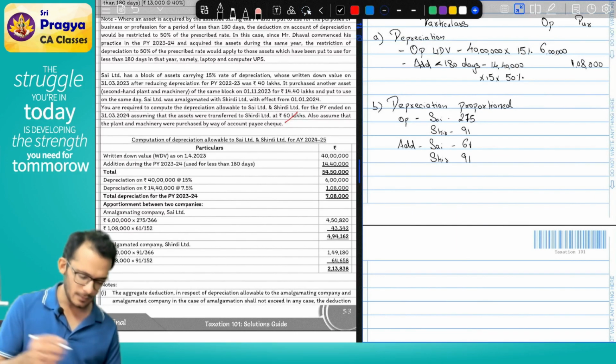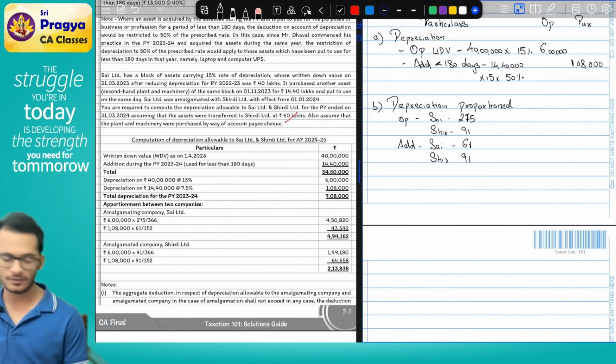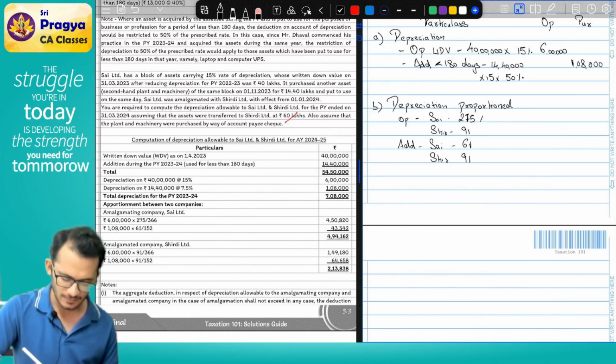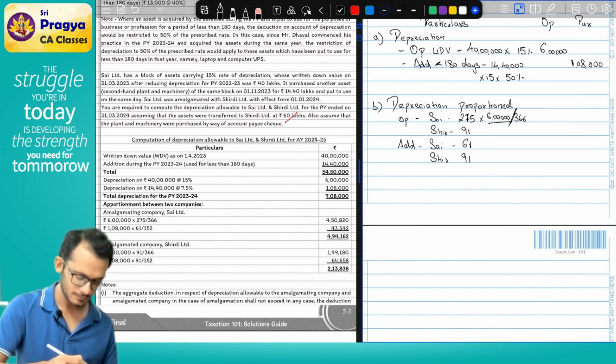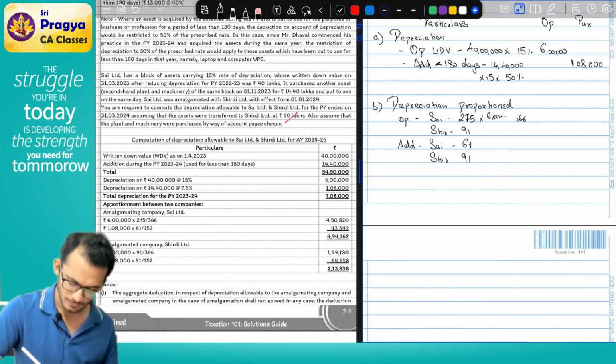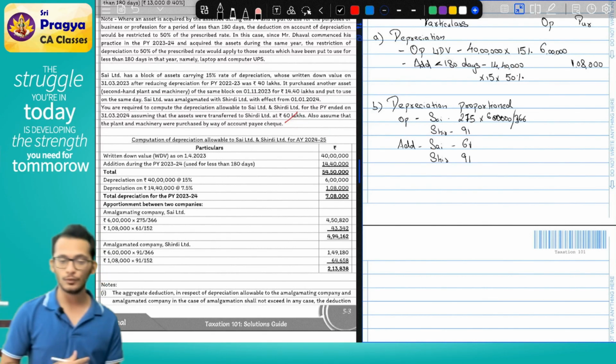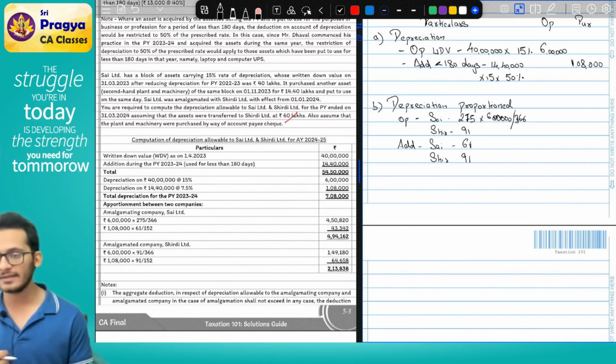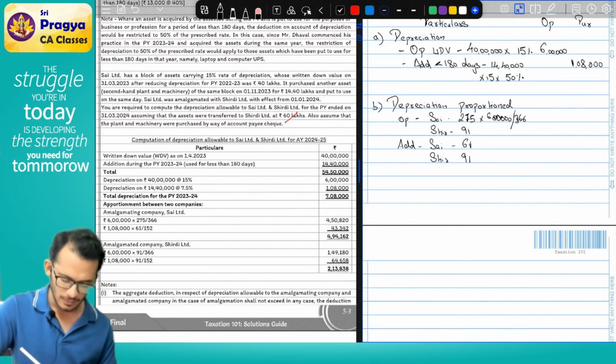What am I going to do, Rahul? I'm going to take the depreciation for opening. Opening depreciation is 6 lakhs by 366. I put to use the asset for 275 days in my company and the total days are 366, so I am dividing by total. 91 will also go into 6 lakhs by 366.